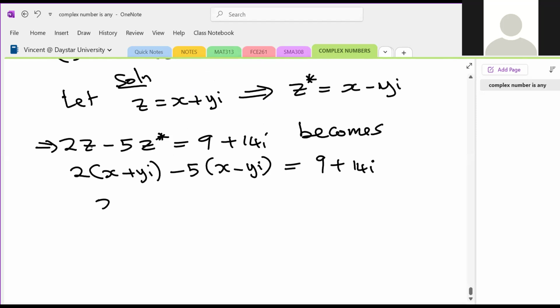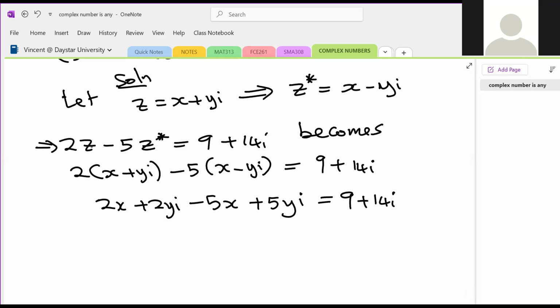So open the brackets, we'll have 2x plus 2yi minus 5x, minus minus is plus 5yi, equals 9 plus 14i. Then collect real terms on the left. So 2x minus 5x is going to be minus 3x. 2yi plus 5yi is 7yi equals 9 plus 14i.